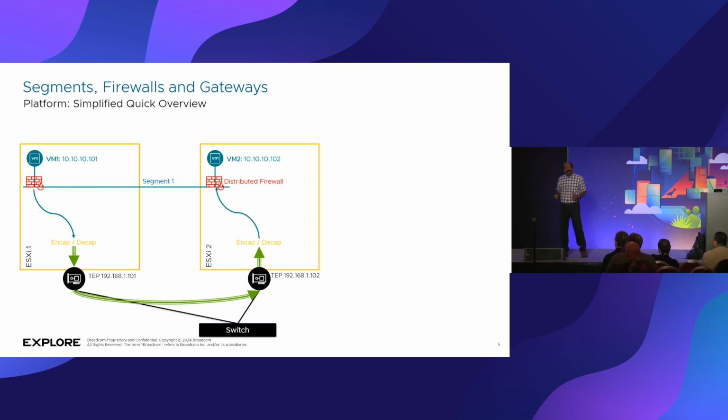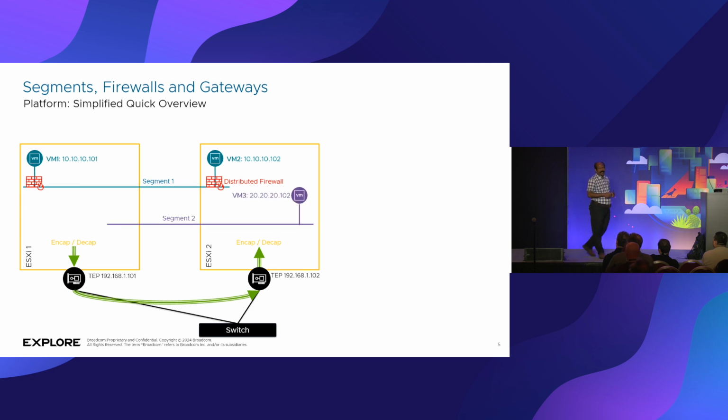It's the same path even if you go with something like routing. Let's say you have VMs on two different logical segments. In the VCF networking world, you have something called logical routers, which are actually distributed. These routers make their decision on the source host. Once the routing decisions are done, it's basically the same path.